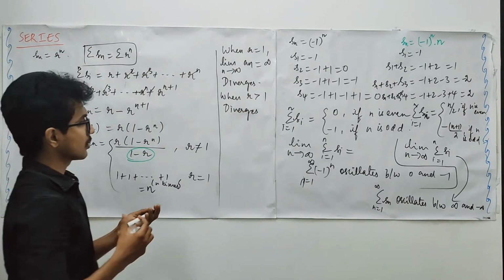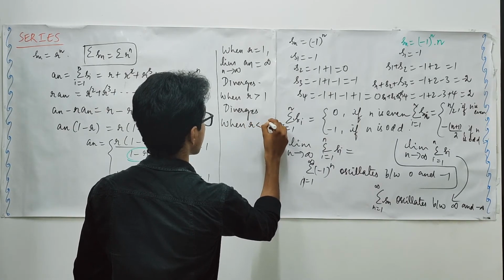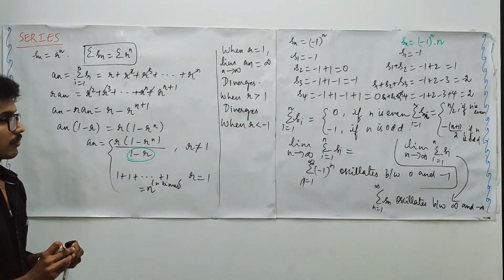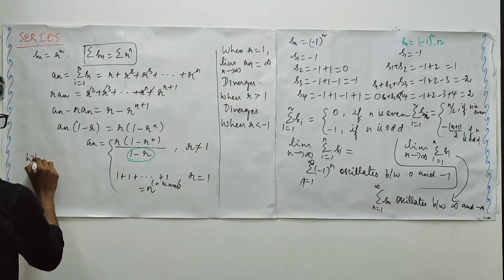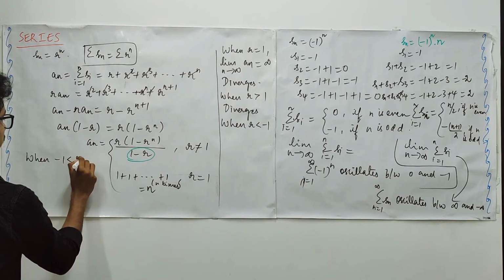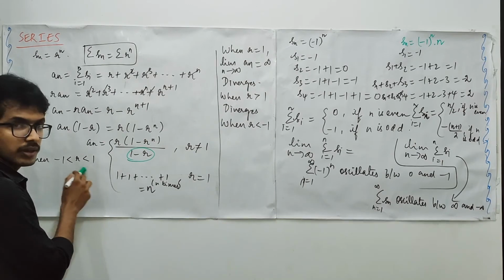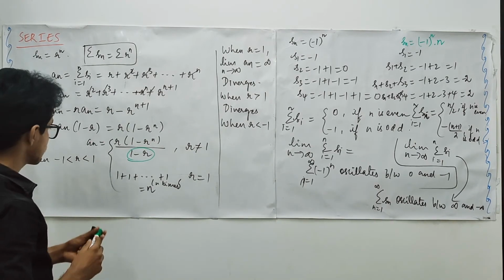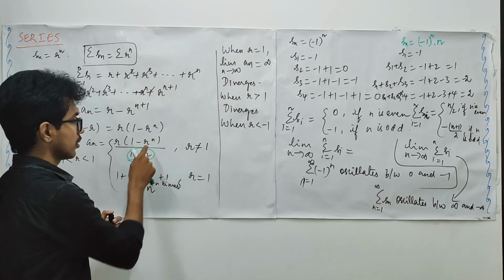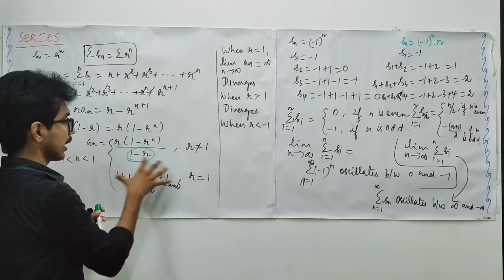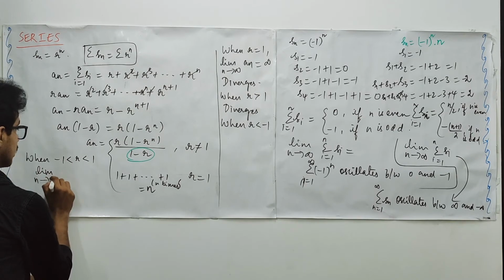Next, let us see the case when r is smaller than minus 1. But before that, let us see the case when r lies between these values. When r lies between these values, you may see that this quantity becomes 0.